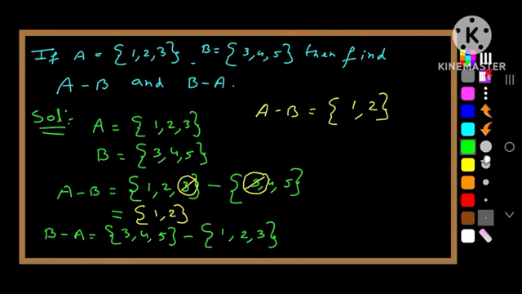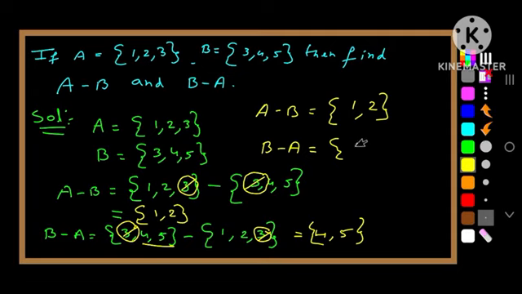See the common elements. 3 is the common element which is present in both A and B. So simply you eliminate 3. So the answer will be 4 comma 5. So B minus A is equal to 4 comma 5.